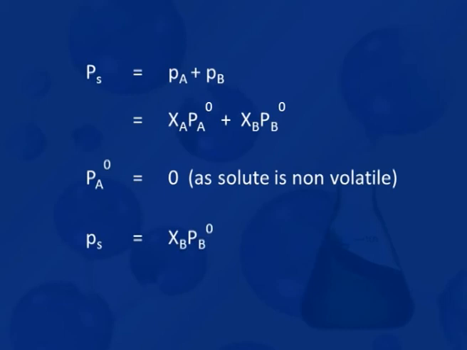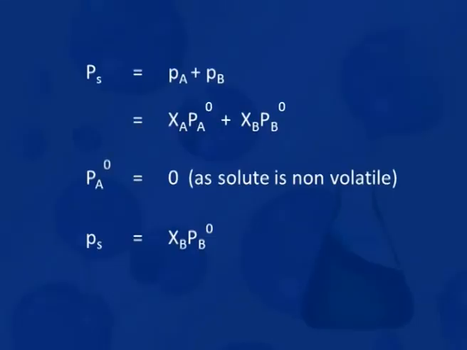As Xa plus Xb is equal to 1, meaning mole fraction of solute plus mole fraction of solvent is equal to 1, hence you can take Xb is equal to 1 minus Xa and put this value in place of Xb.